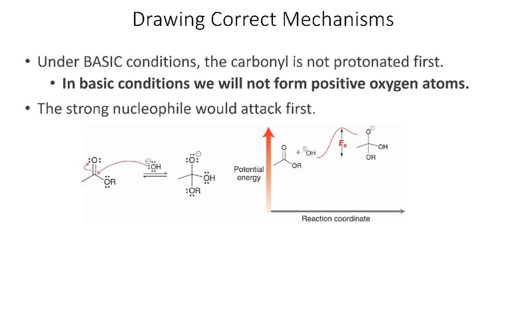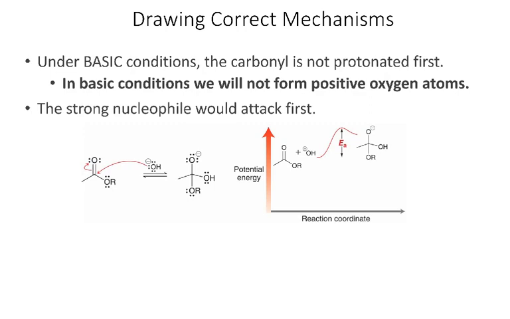Okay, in the last example, we were under acidic conditions, and so we can hydrolyze esters to form carboxylic acids with acid catalysts. We can also do it with basic catalysts. Under basic conditions, we don't start with a proton transfer. In fact, we can't start with a proton transfer because that would make a new positive charge on an oxygen atom, right, forming a strong acid, which we can't do under basic conditions.